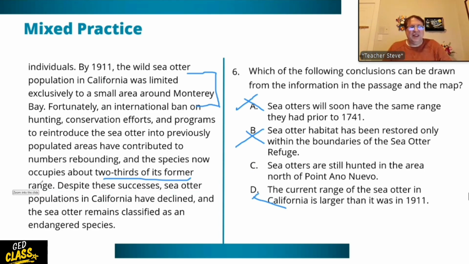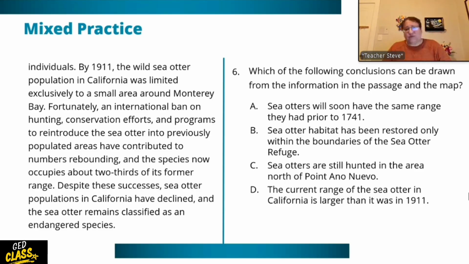Okay, let's look at question number 6. Here's what we're going to do for question number 6. We have no choice. We've got to utilize that graph for this.